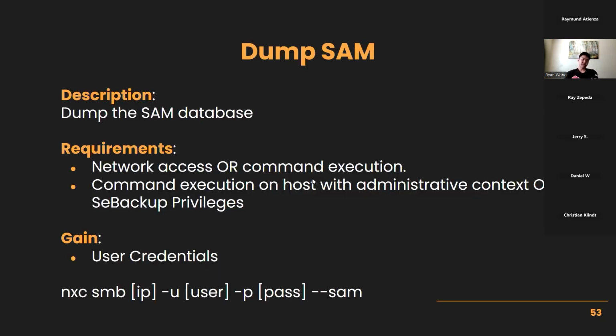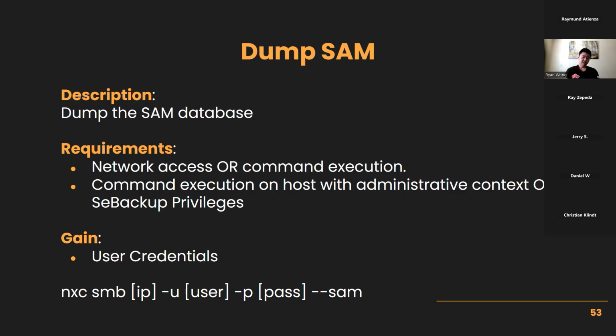Dumping SAM. The SAM registry key is stored in, I think, HKLM/SAM, and because it stores passwords for all the local users, if you can dump them correctly, you get the NTLM hash of all the local users.